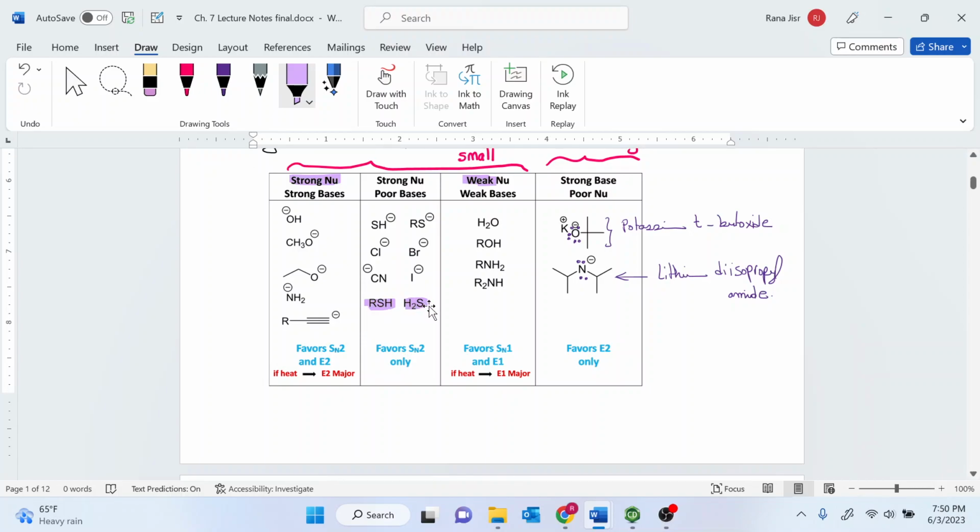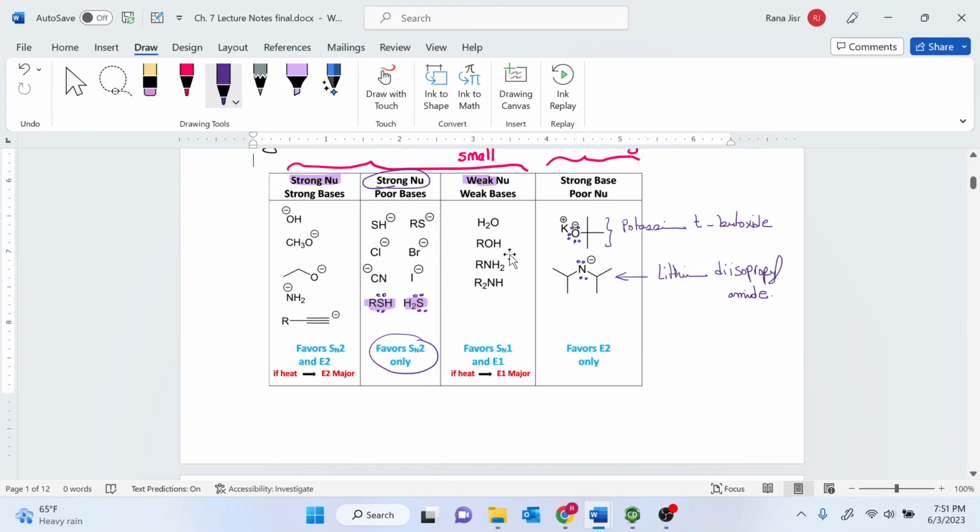Sulfur acts as a very good nucleophile and it is a very poor base. So whenever it's present, those two are neutral. They are different than the oxygen bases. So whenever those two nucleophiles are present, they're going to be strong nucleophiles and they're going to favor only the substitution. Because those nucleophiles are poor bases, they cannot do elimination.